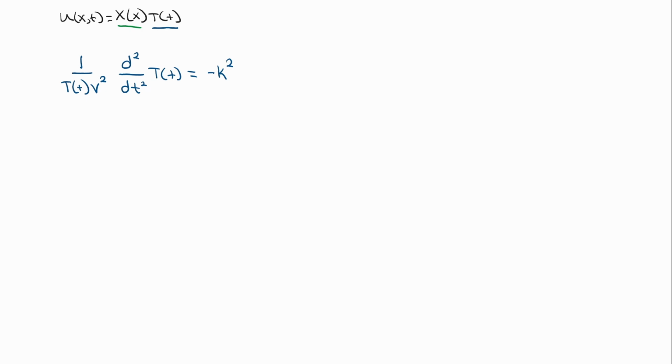Now again, we have to use our negative sign because just like before, of the three cases, only the negative constant will result in any meaningful answers. So when we multiply both sides by our T function and our velocity squared, we'll get d over dt squared, T of t is equal to negative k squared v squared times our T function. And then this whole thing will equal 0.